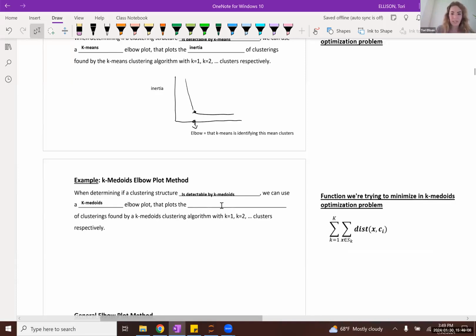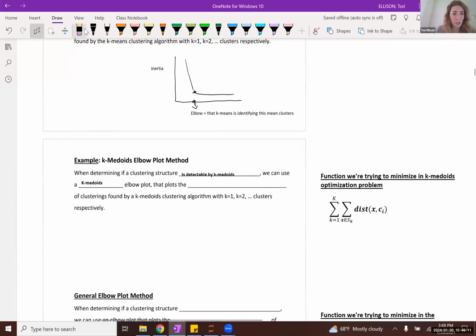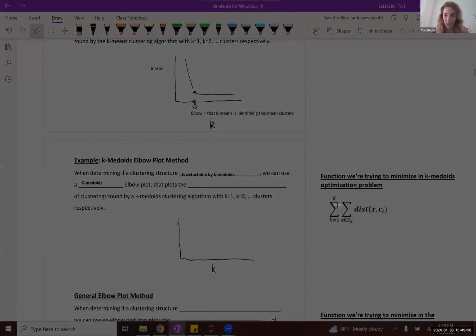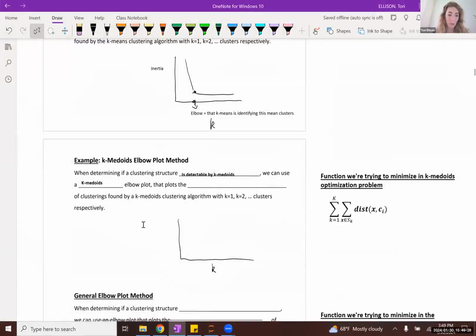What this plots is actually not the inertia of a given clustering, but rather the objective function that we're trying to minimize in the k-medoids optimization problem. In other words, the sum of the distances of each observation to its centroid, which is the medoid in this case.